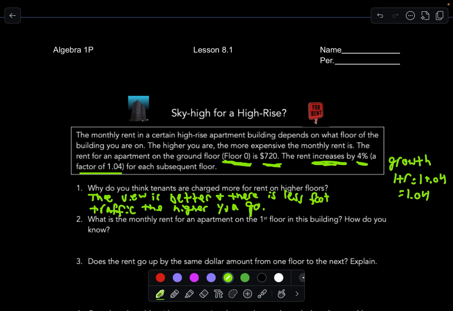So, as you go up, the price increases because people want it.